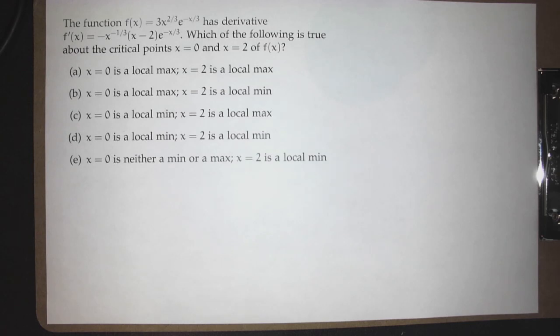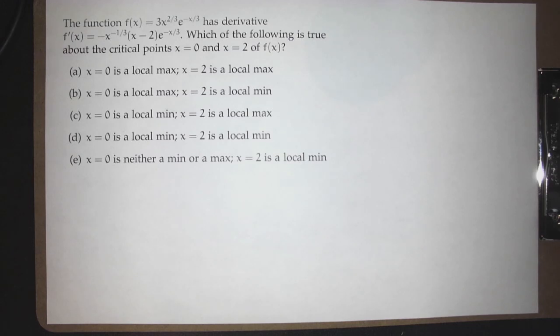We have a function, f of x is 3x to the 2/3 e to the negative x over 3, and we're told its derivative, so we don't have to figure it out. It tells us negative x to the negative 1/3 power times x minus 2 e to the negative x over 3.